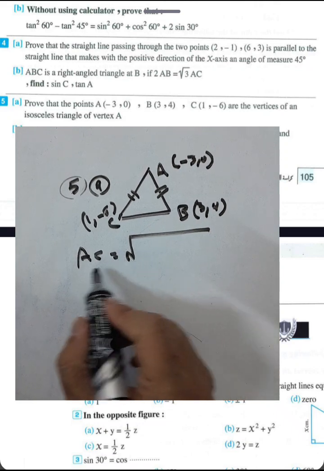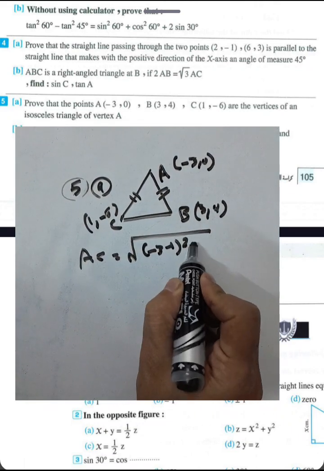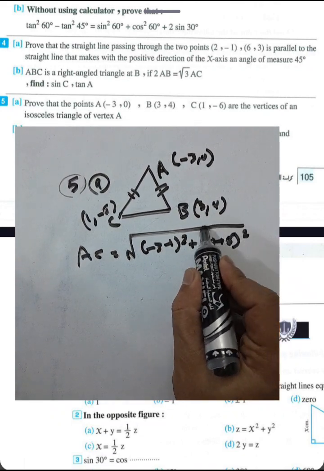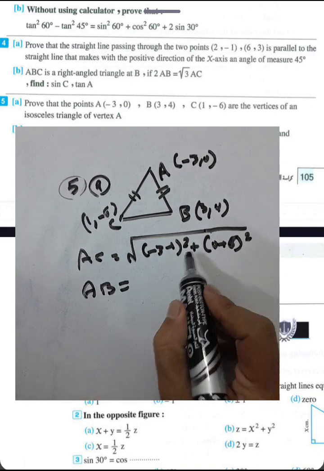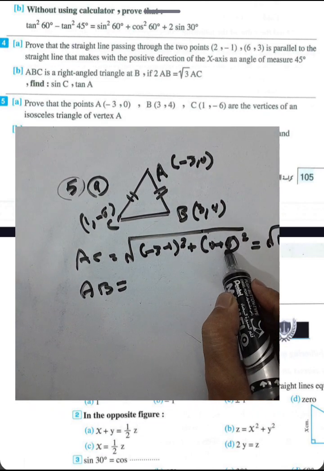The length of AC: -3 minus 1, and 0 minus 6, which will be 6 power 2, and AB equal 4 power 2, 16, plus 6 power 2, 36.